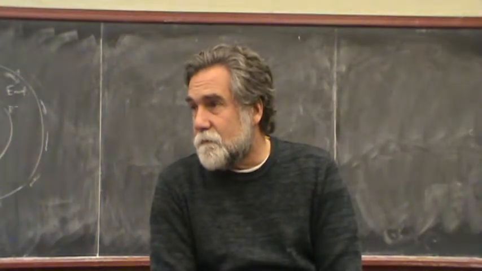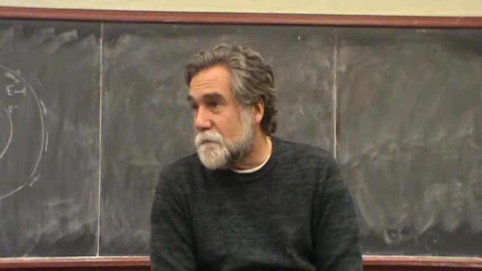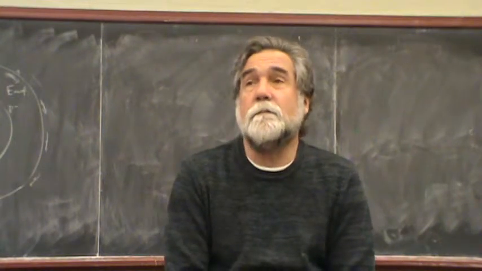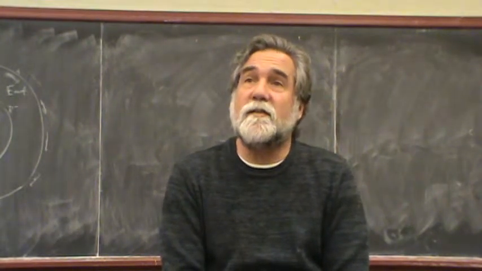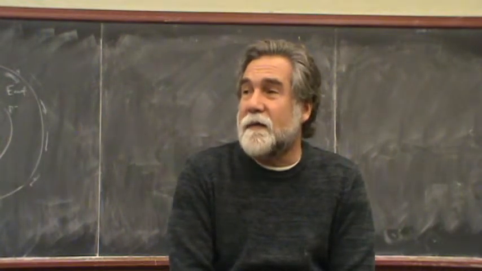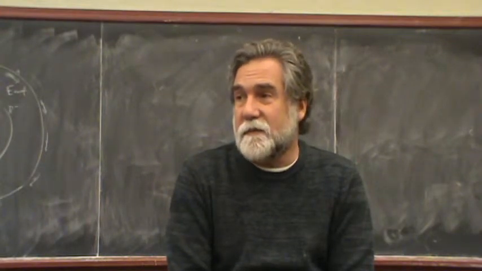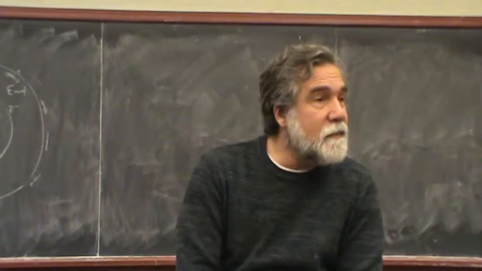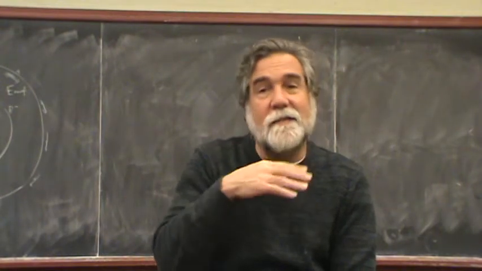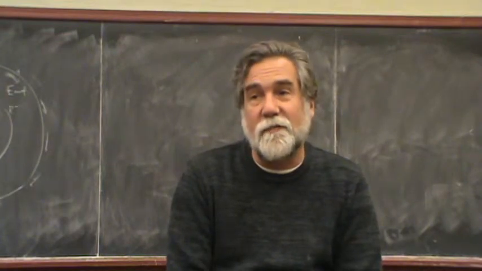Basically, the chapters from the Ohanian textbook that we should go over for this exam are 5 through 11, right? Because that's what we've covered. Yes, but I seem to remember that chapter 6 is almost all special relativity phenomenology. So there's a chapter in there that's all phenomenology, and I'm not going to test you on phenomenology.